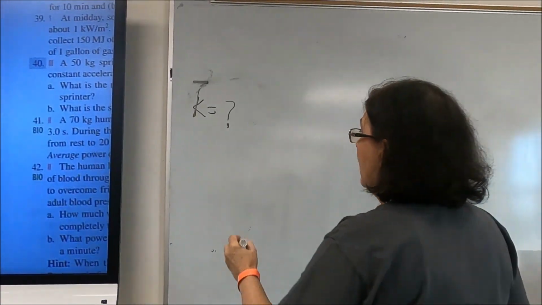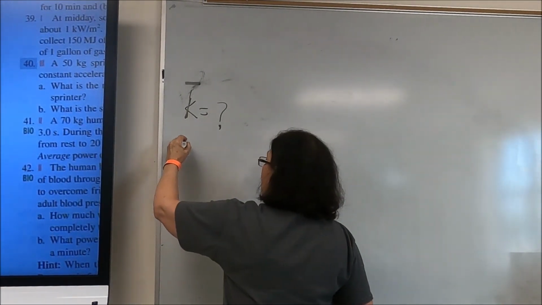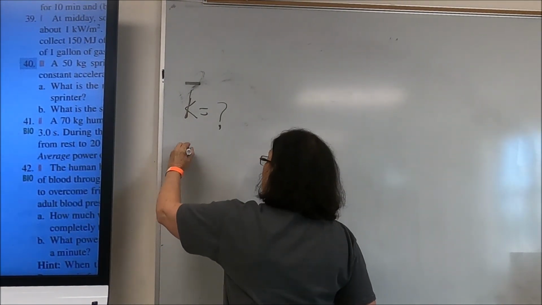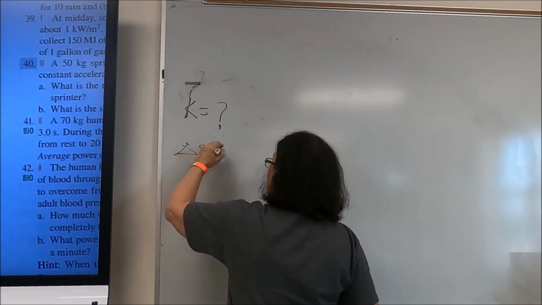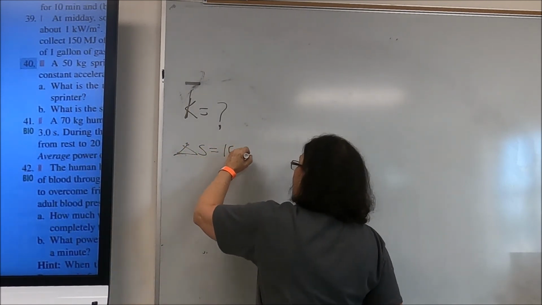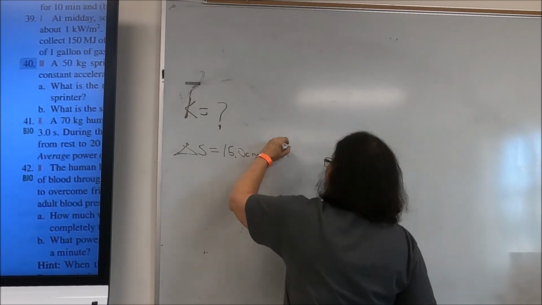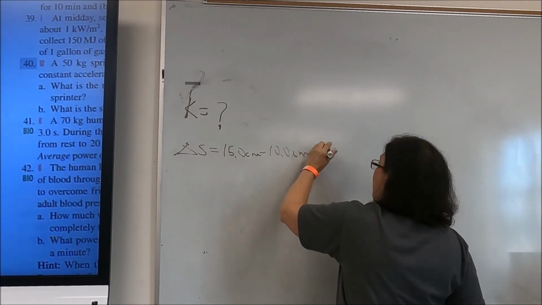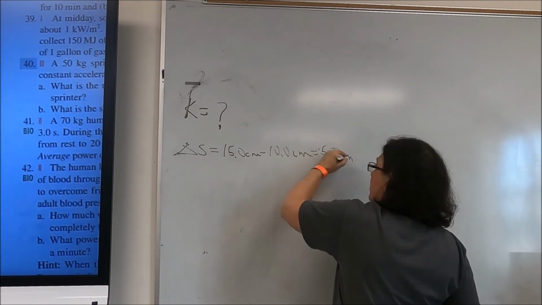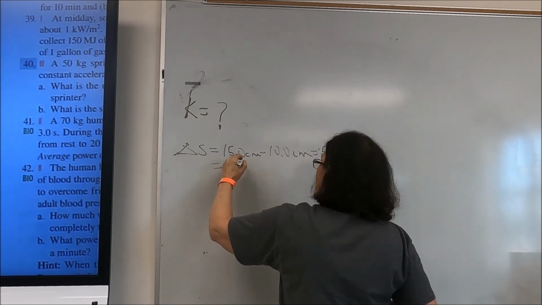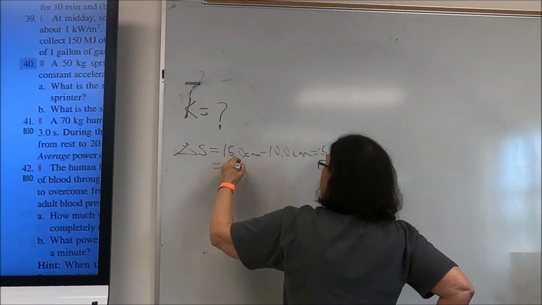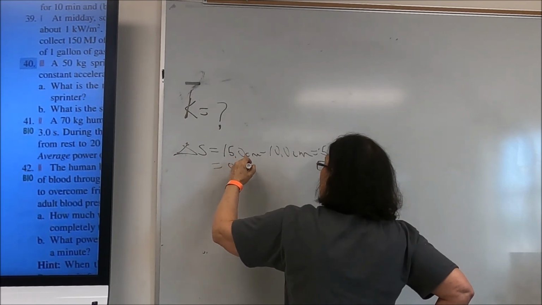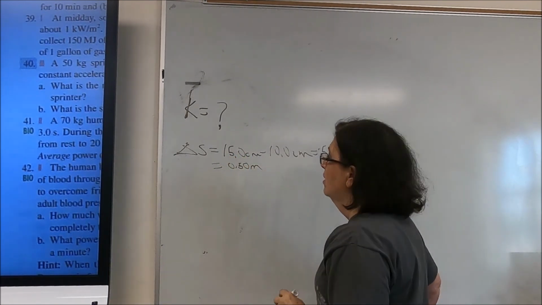Now, what we're given is that the change in the spring length is going to be 15 centimeters minus 10 centimeters, which is 5 centimeters, which is 0.050 meters.